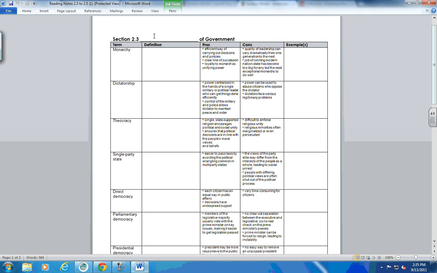Does your book give an example of a direct democracy? What? Say again? Okay, let's establish what is the definition of a direct democracy. Citizens make decisions on government decisions based on popular vote. Okay. Is there an example that's stated in the book of a direct democracy?